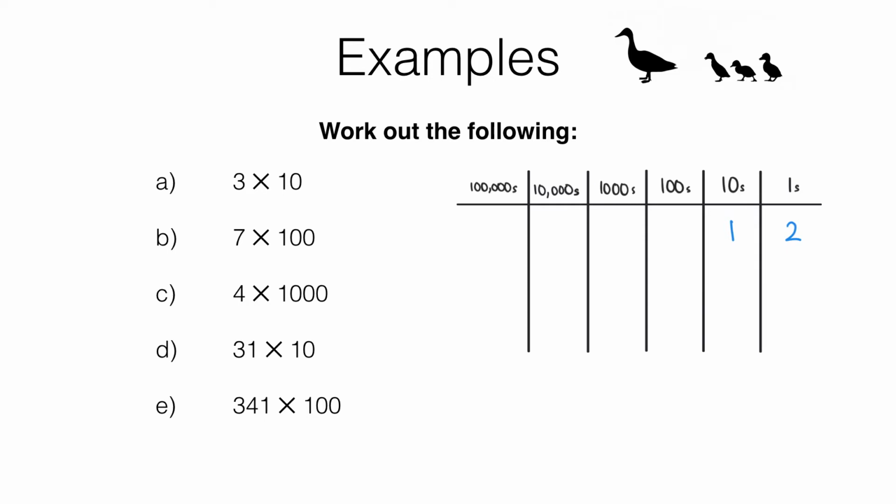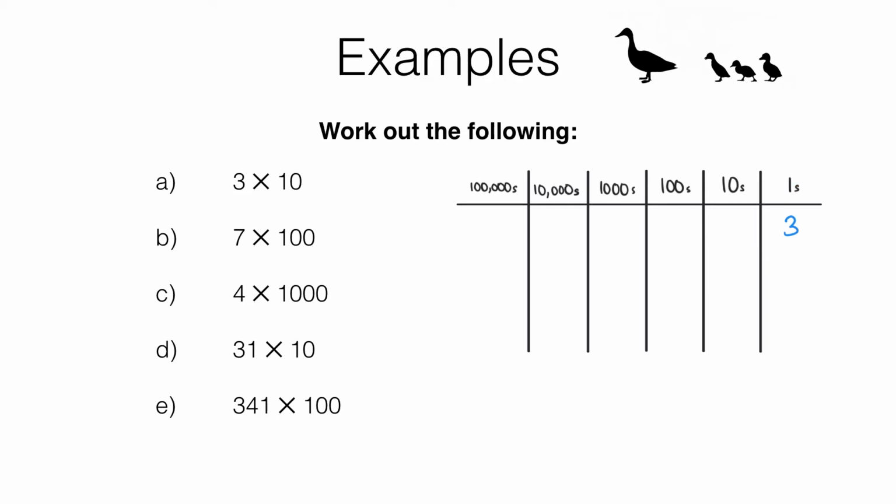Now, let's look at the question we're dealing with. We've got 3 times 10. So we're starting off with 3, which is just 3 in the units column. And if we want to multiply that by 10, that means we want to make this 10 times greater. And that's effectively the same as exchanging every single unit for a 10, because 1 ten is 10 times greater than 1 unit.